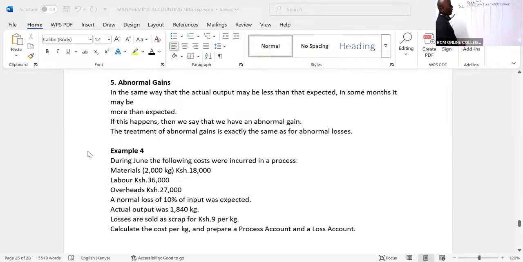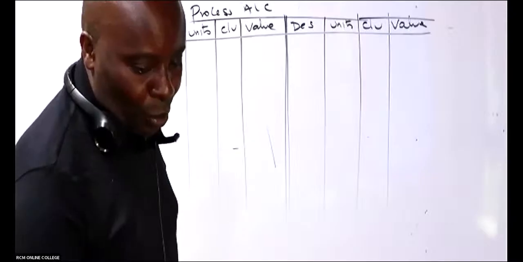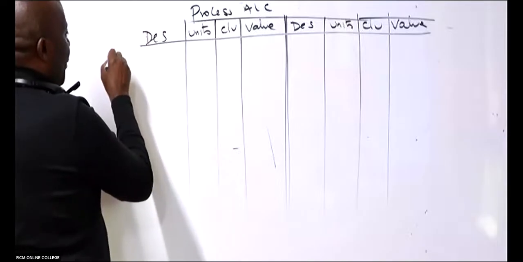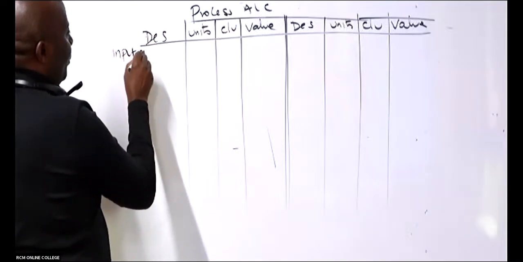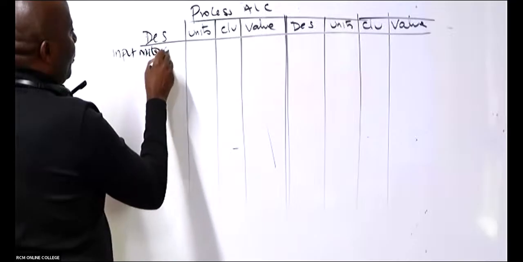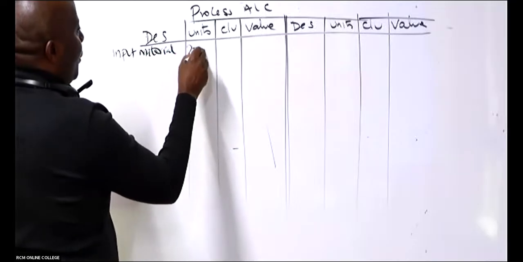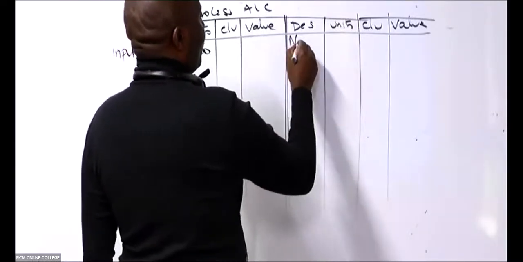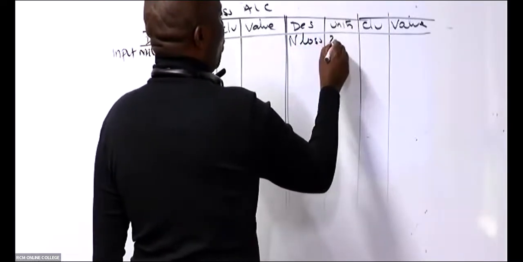All right. Now, ladies and gentlemen, after that, we should be able to post our throughput. Always start with the throughput. For example, you had input material cost of $2,000. We had normal loss of 200.